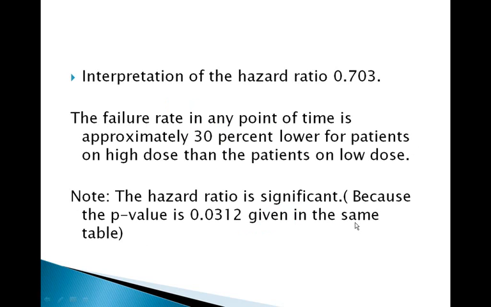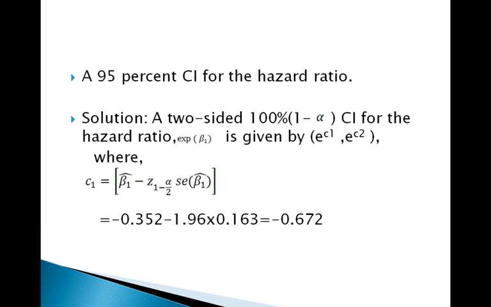How do we interpret that? It means that the failure rate at any point in time is approximately 30% lower for patients on high dose than for patients on low dose. The hazard ratio is also significant because the p-value is 0.03 in the same table. For the 95% interval, the calculation of the lower bound is the point estimate minus the margin, 1.96 times 0.163, which is the standard error, yielding minus 0.672 as C1.